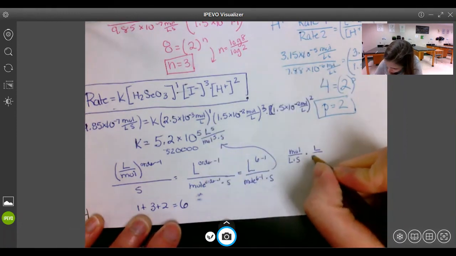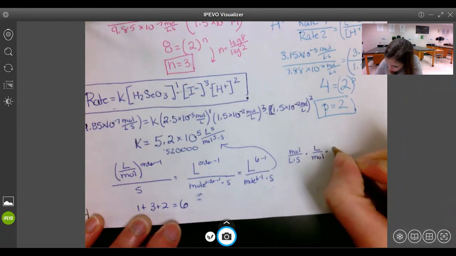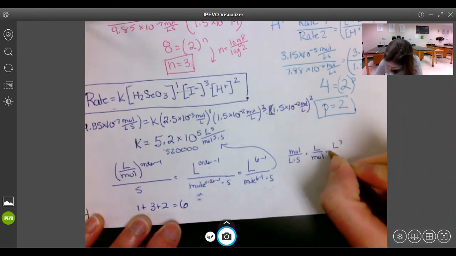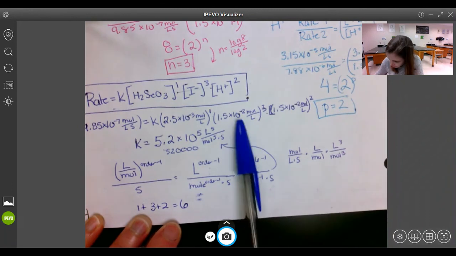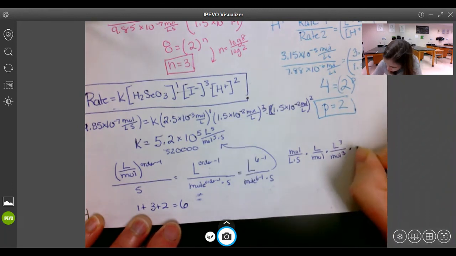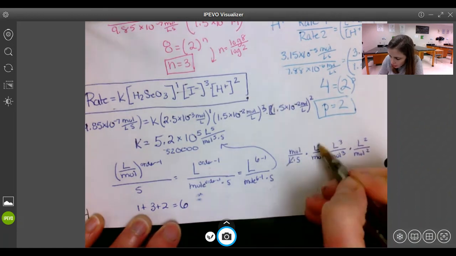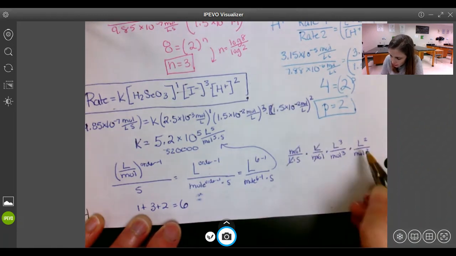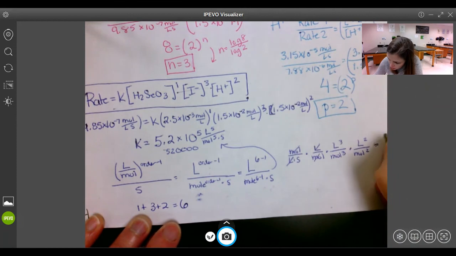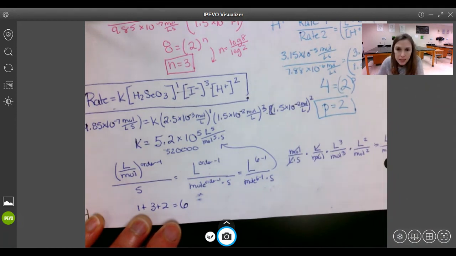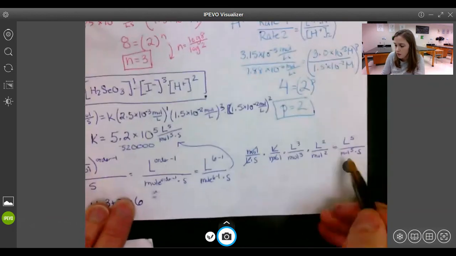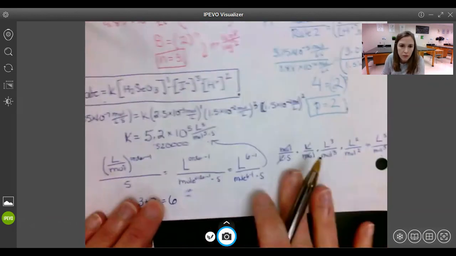So this would be liters per mole, and then this would be liters to the third over moles to the third for our iodide ion, and then this would be liters to the second, moles to the second for the hydrogen ion. So when you cancel them out, only 1 liter and 1 mole would cancel out. So when you combine the terms, you would still get liters to the 5th, moles to the 5th times second. Okay, so you'd still get back to that value there.